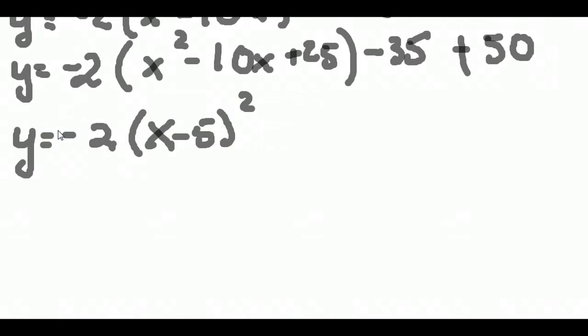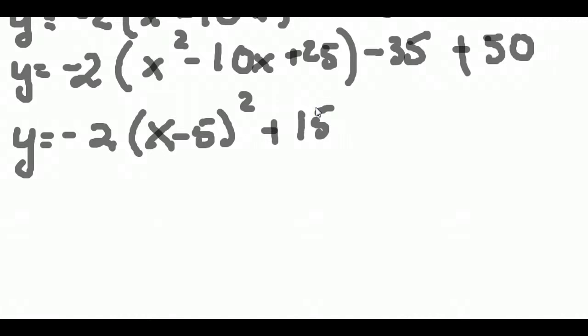So as a reminder, we have y equals negative 2 open x minus 5 closed squared. Then we have a minus 35 plus 50. So what would that give us? Negative 35 plus 50. Negative 15. Change your sign. 15. Yeah. So we have negative 35 plus a positive 50. So we have our vertex form now.